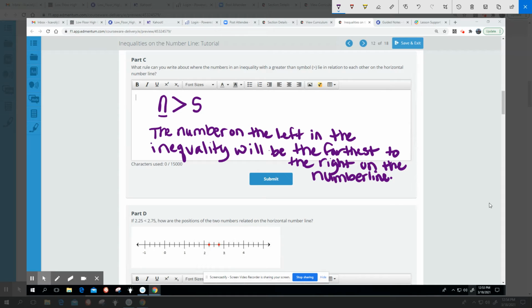So anytime we see a greater than symbol, we know that the number on the left is going to be farther right on the number line than the number on the right of the inequality.